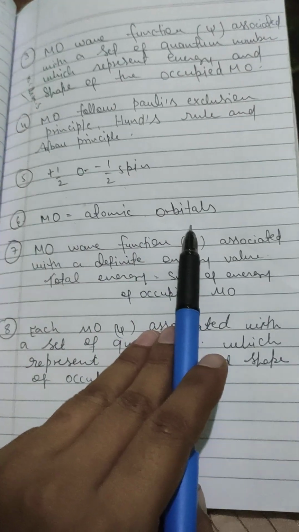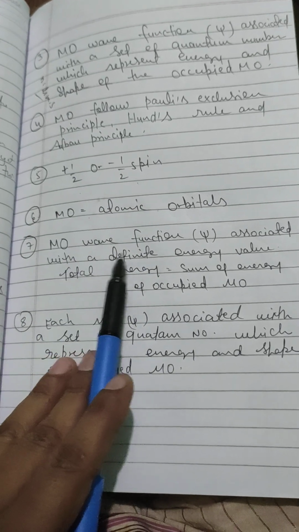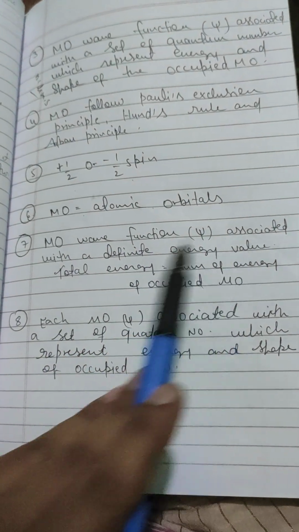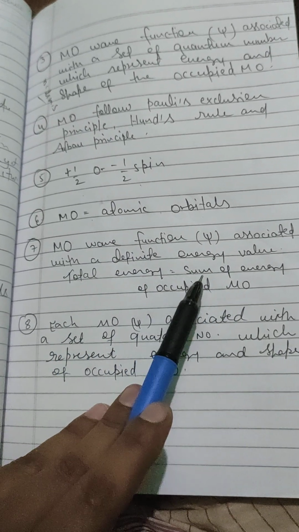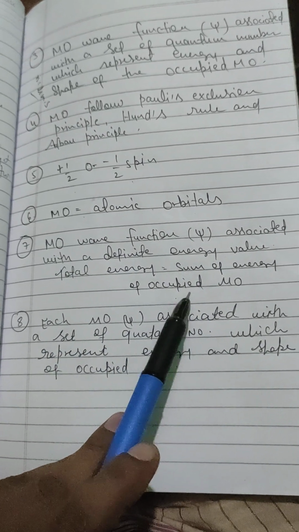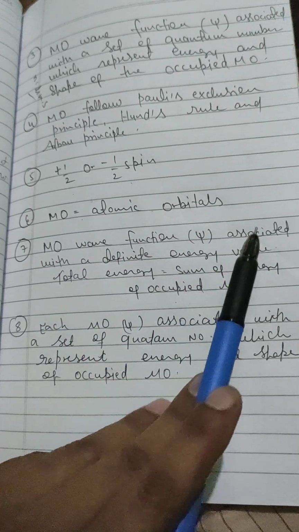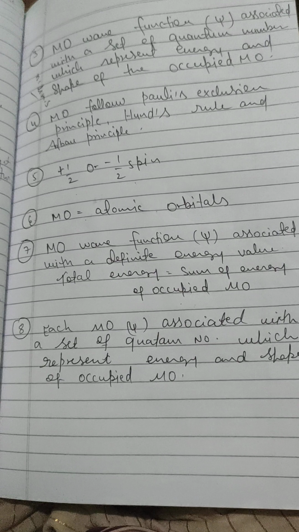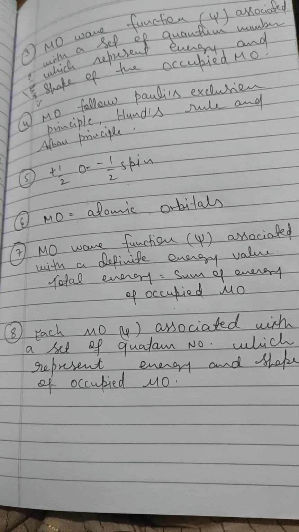Seventh, the molecular orbital wave function psi is associated with a definite energy value. So total energy is equal to the sum of the energies of the occupied molecular orbitals. It is for sure that it must have a definite value of energy.